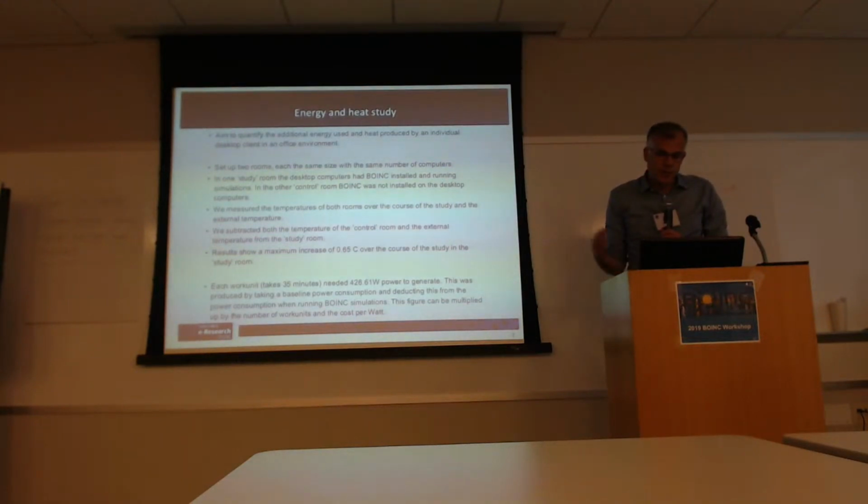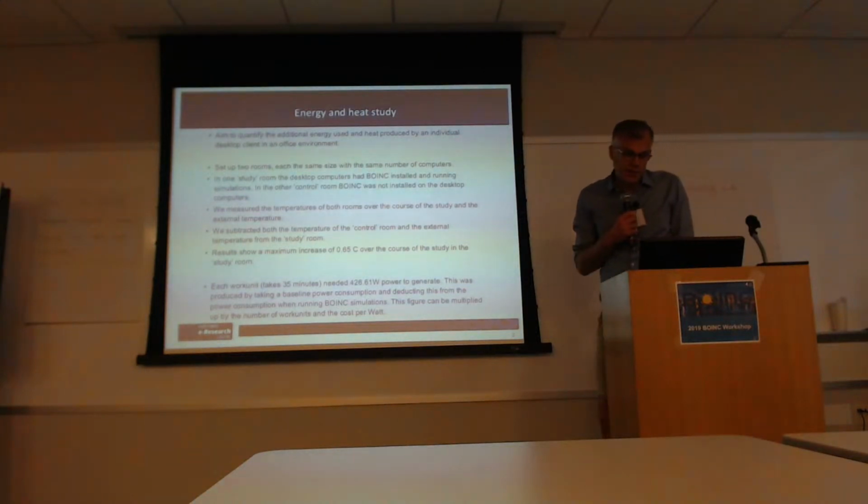One was a control room, one was a study room, and we measured the temperatures in these rooms. We then recorded the temperatures and removed the control from the study results. We also looked at the external temperatures and removed that from the results for the study room. The results we got were that the maximum increase over the time period of the study was 0.65 degrees Celsius.